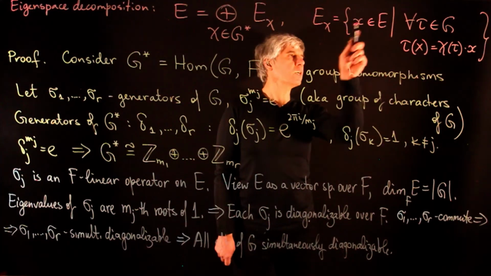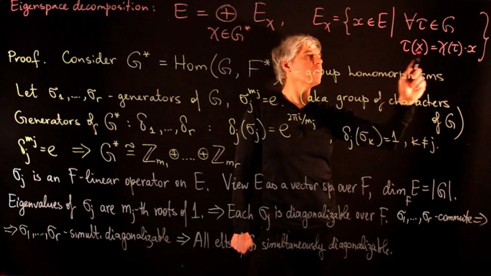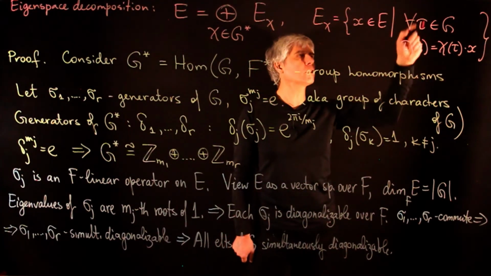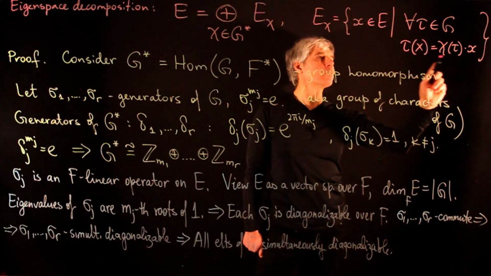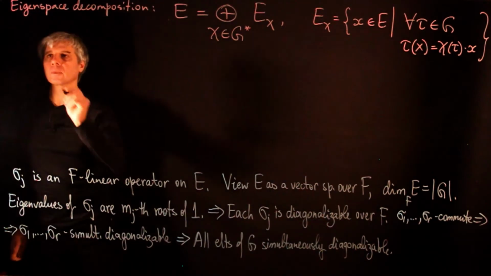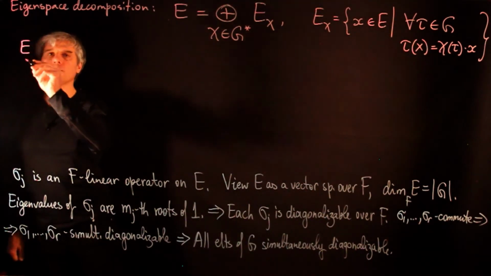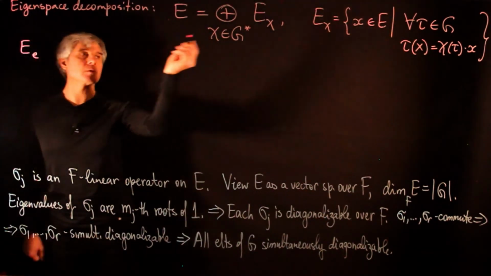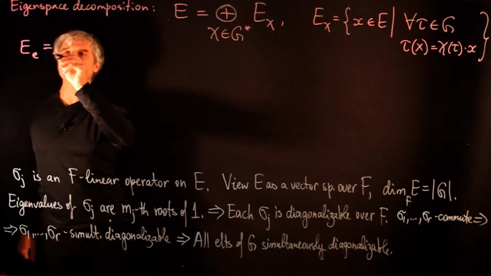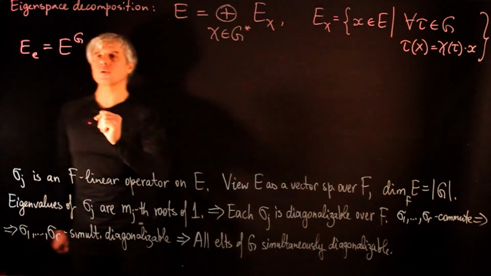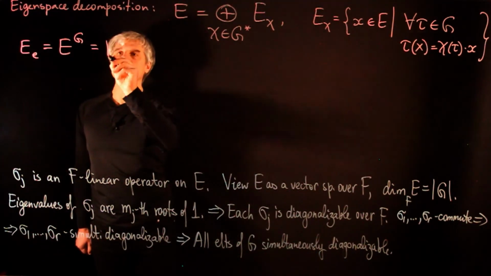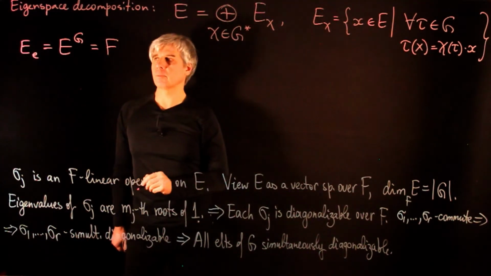So elements of E chi are joint eigenvectors for all automorphisms from the Galois group, and the eigenvalues are given by the characters. The component that corresponds to the identity element of the dual group is just the fixed point set under the Galois group G, which we know is equal to the ground field F.